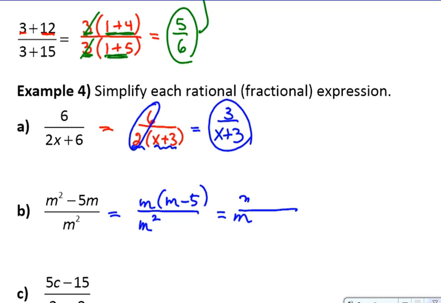And then I have an m minus 5 left in the numerator for that. If you wanted to, you could think of this as m times m, and then cancel on that, and be left with this m right there. So again, it won't reduce any more than that because the numerator is not factored.